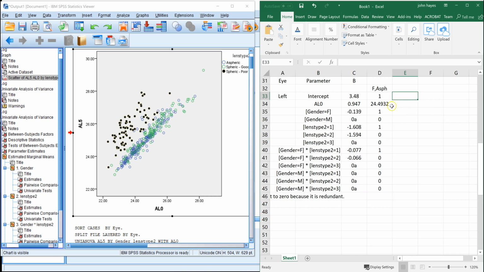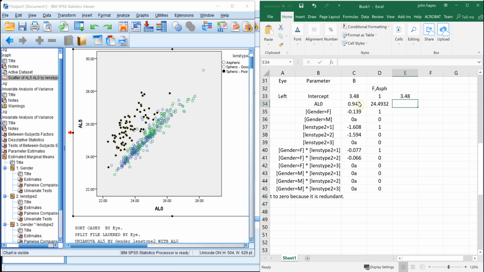So remember, our formula is y equals a plus bx. So the bx is the b times the x. And in the case of the intercept, x is always a 1. We could just leave that out and just put in 3.48.